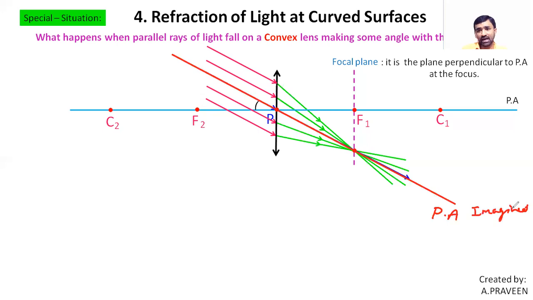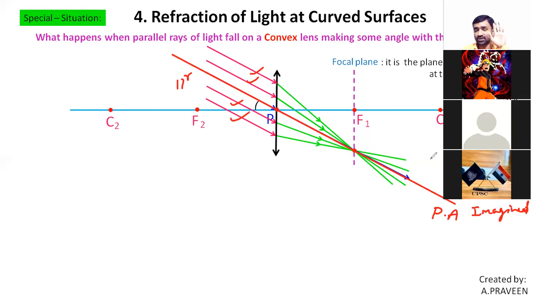Right? Then how are these light rays 1, 2, 3, 4? They are parallel to the principal axis. Yes or no? Is it clear? So they are going to meet situation number 3.